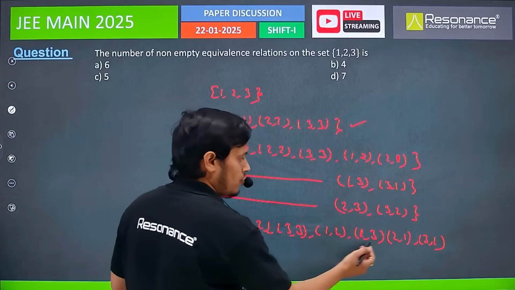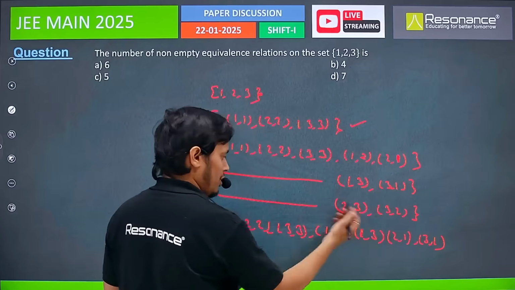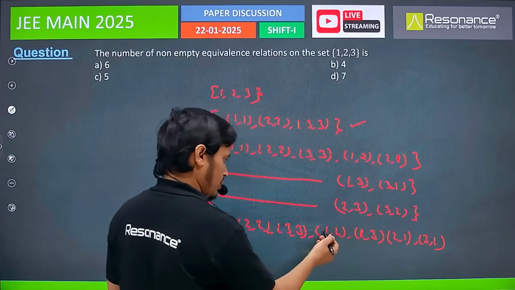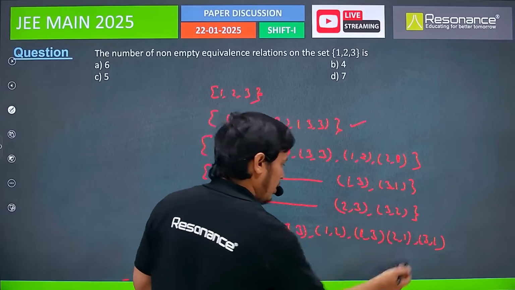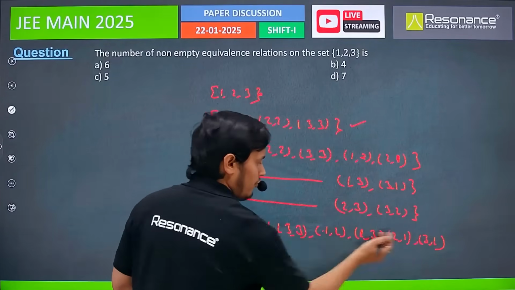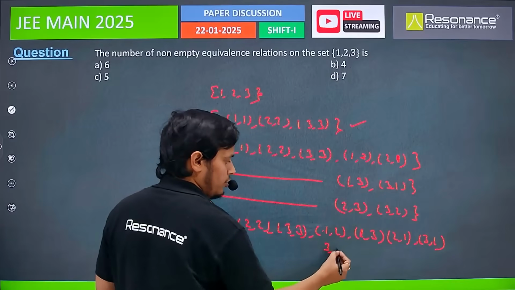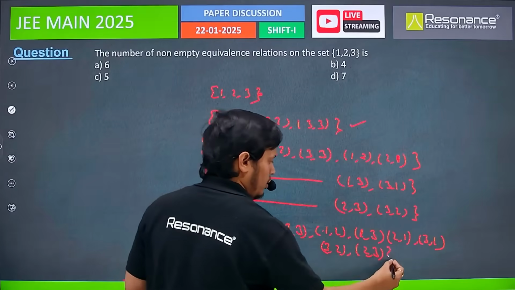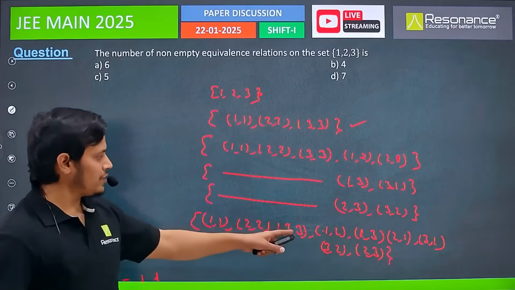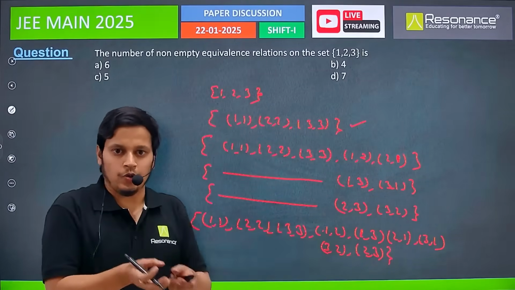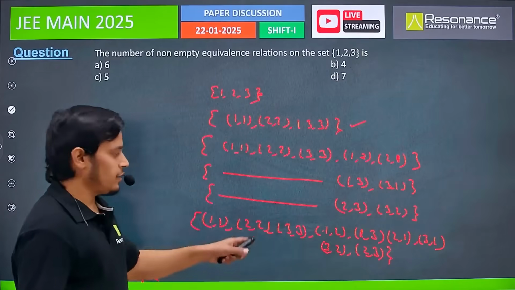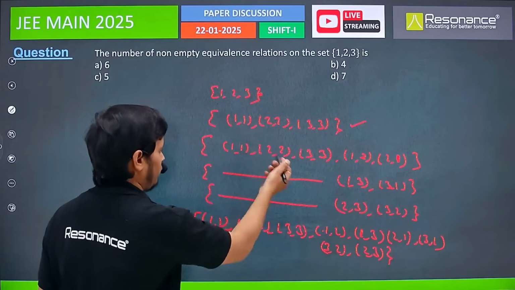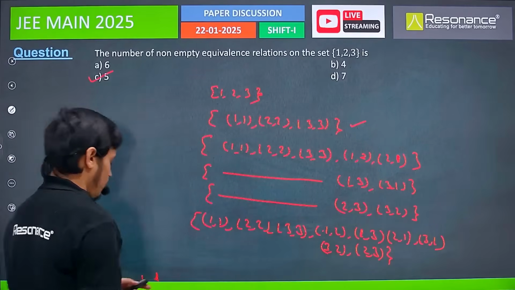So (1,2) and (2,3) is not there, no problem. But (3,1) and (1,2) are there, so what do I need to add? (3,2). If I add (3,2), I have to add (2,3). So actually in this case, when I am adding two, I have to add all the remaining also. Other than this one, there will not be any more. So total how many do we have? 1, 3 and 1. So in total we have 5.